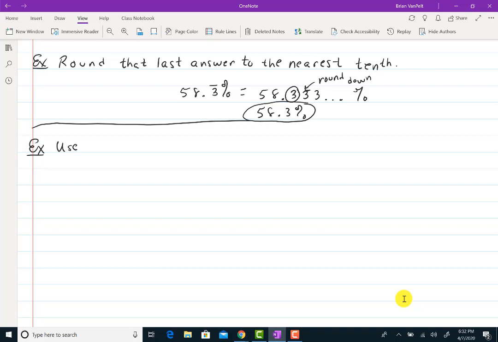So there's the rounded version of the answer. Let's use a proportion to write 7/6 as a percent.